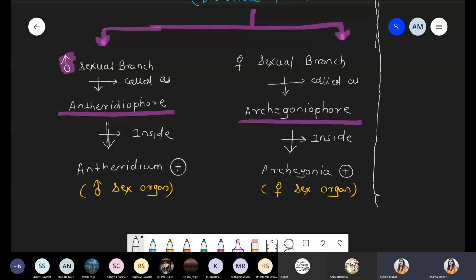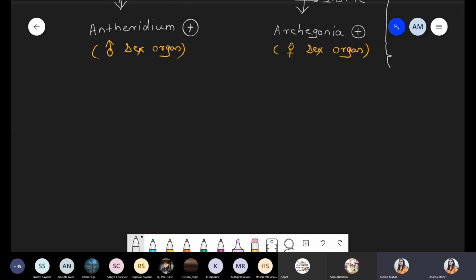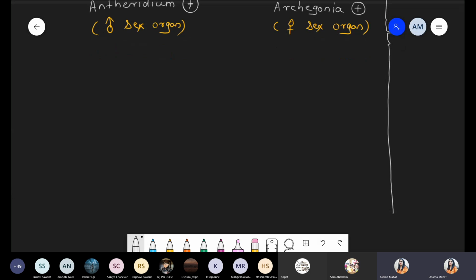So here we draw the typical structure, a very simple structure, we are not getting into complication. First of all we draw the lower body, that is the gametophytic body, the thallus body.